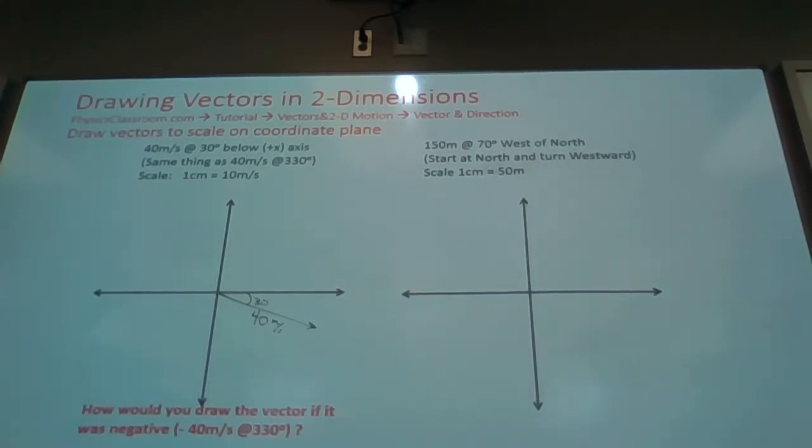Do you remember last week when we were talking about subtraction and we made a minus b, we'd make b negative, so we'd do a plus a negative b. Okay. If I were to make this vector negative, how would I draw that?